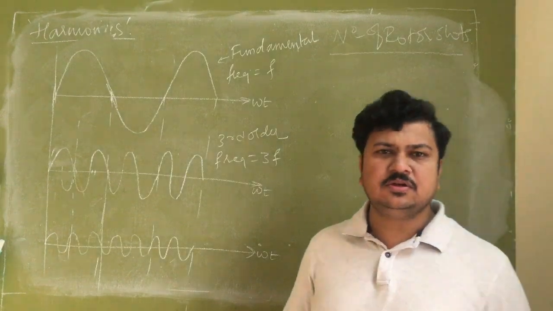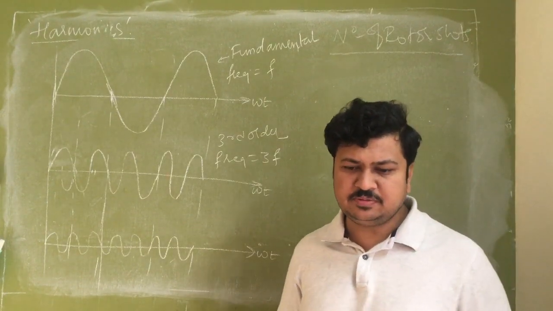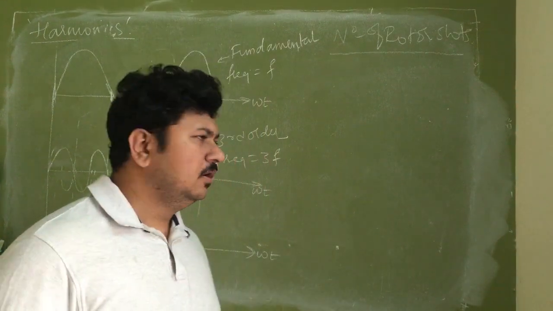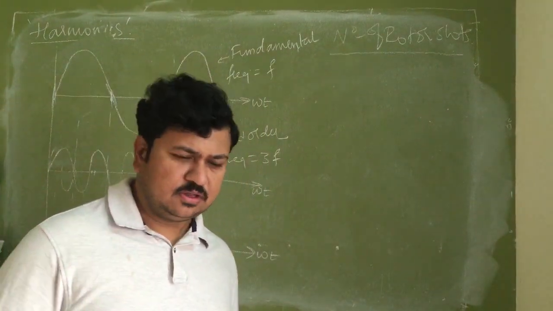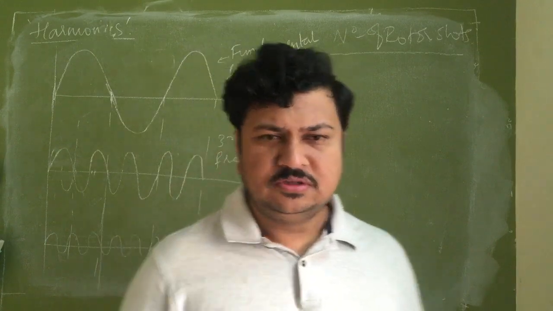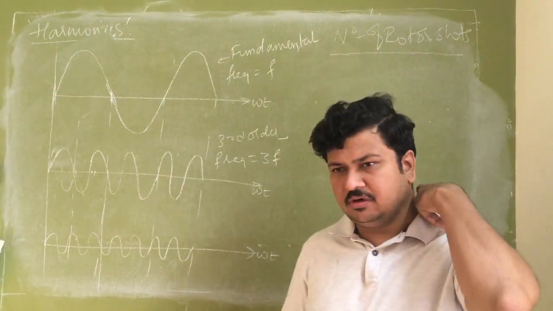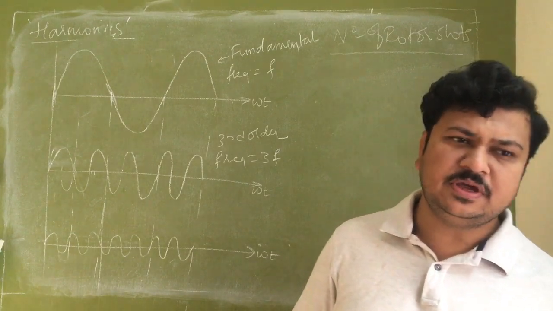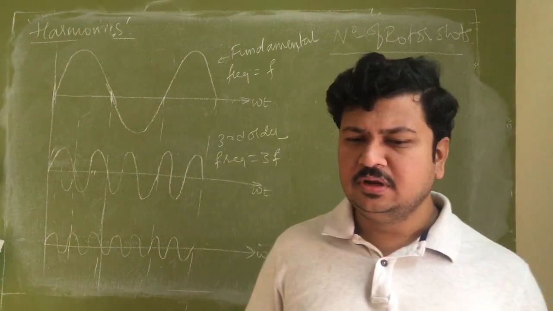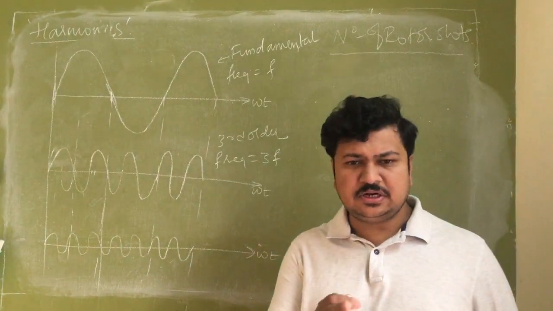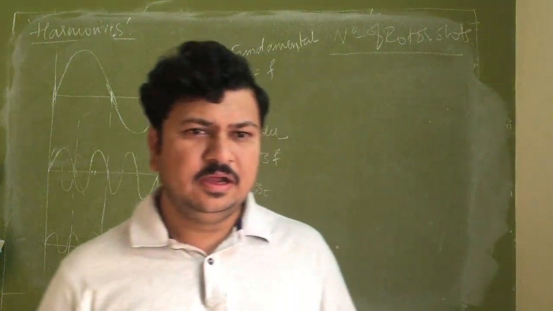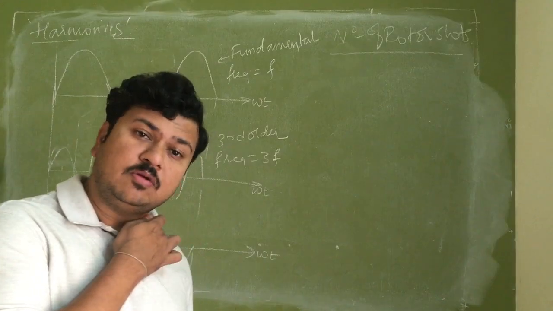There may be large vibrations in the rotor, which may create physical damage to the shaft and the rotor itself, or there may be large noise. These are undesirable behaviors of the rotors. In case of a cage motor, it can be because of the stator and rotor winding.